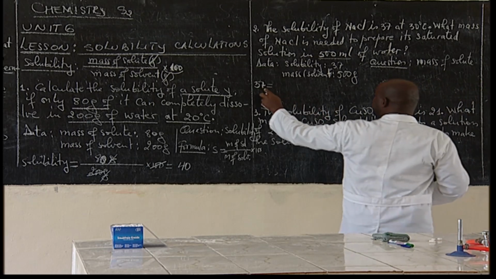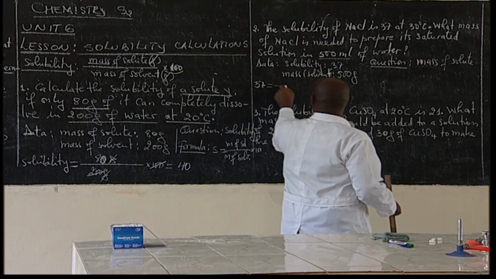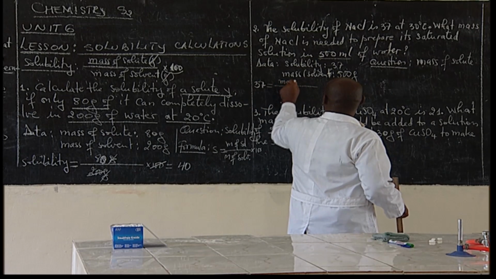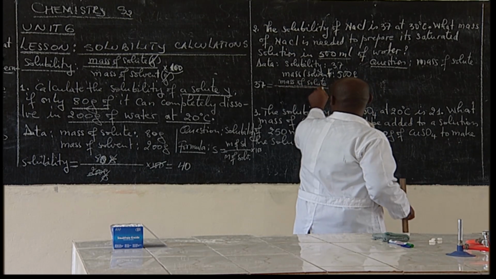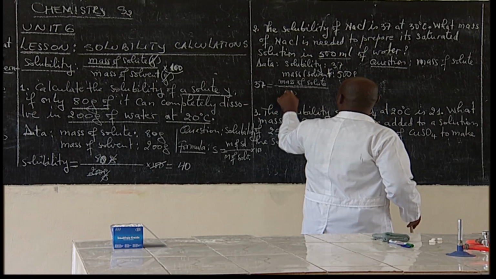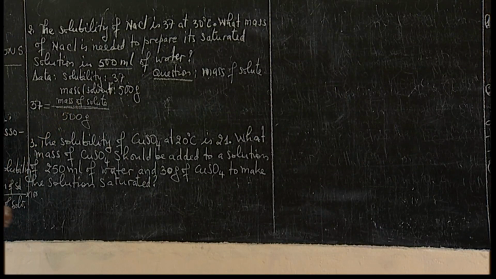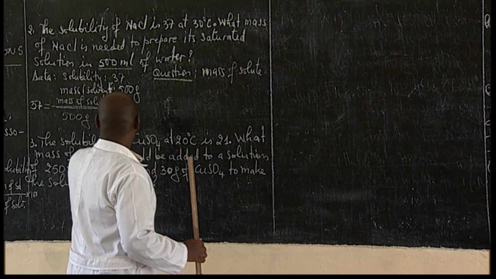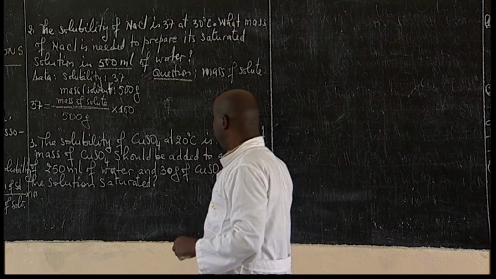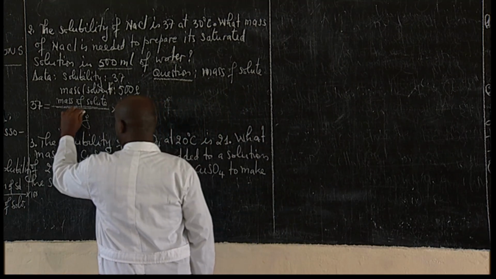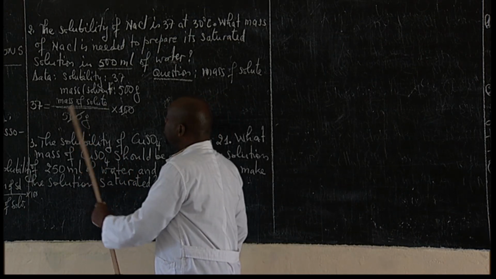The solubility, which is 37, is given by the mass of solute over 500, which is the mass of solvent, times 100. And what do we get from this? 100 and 500, we simplify and we get 5.